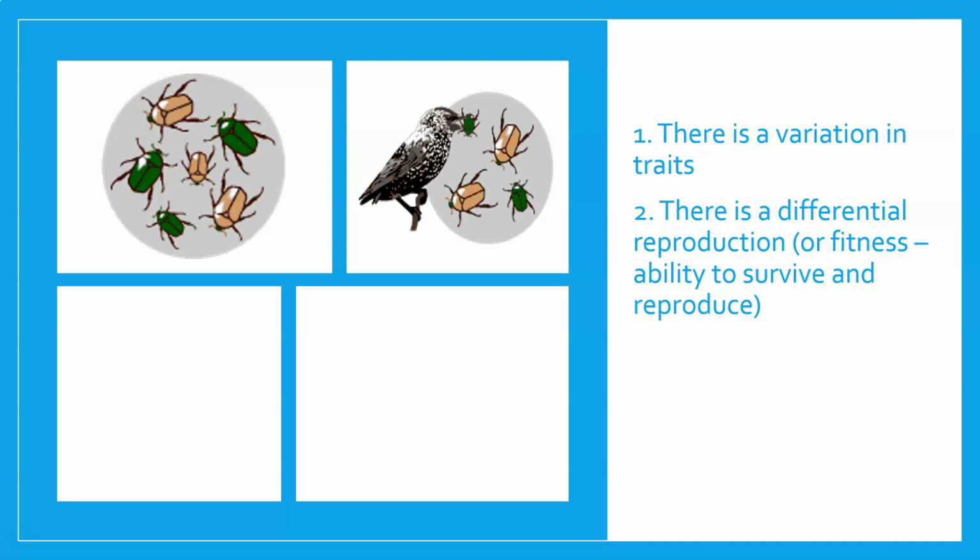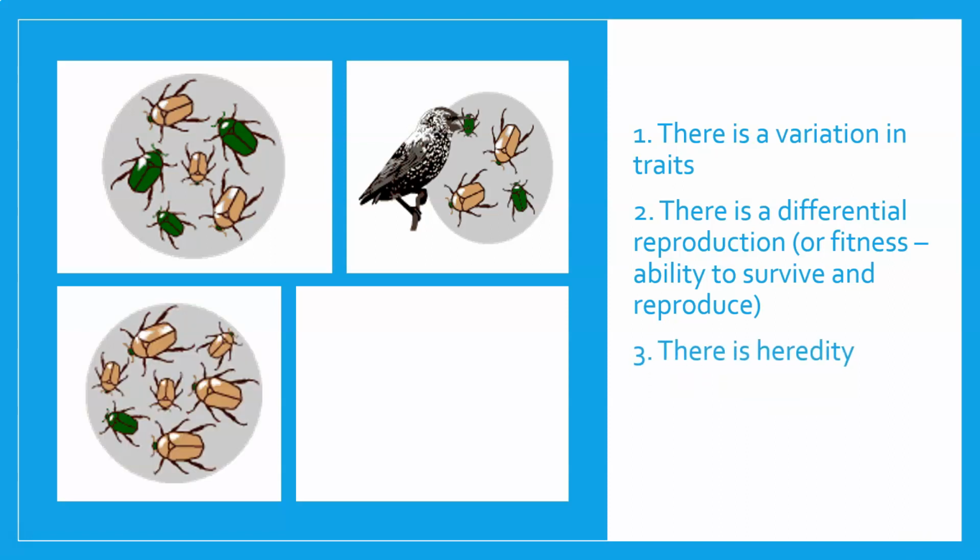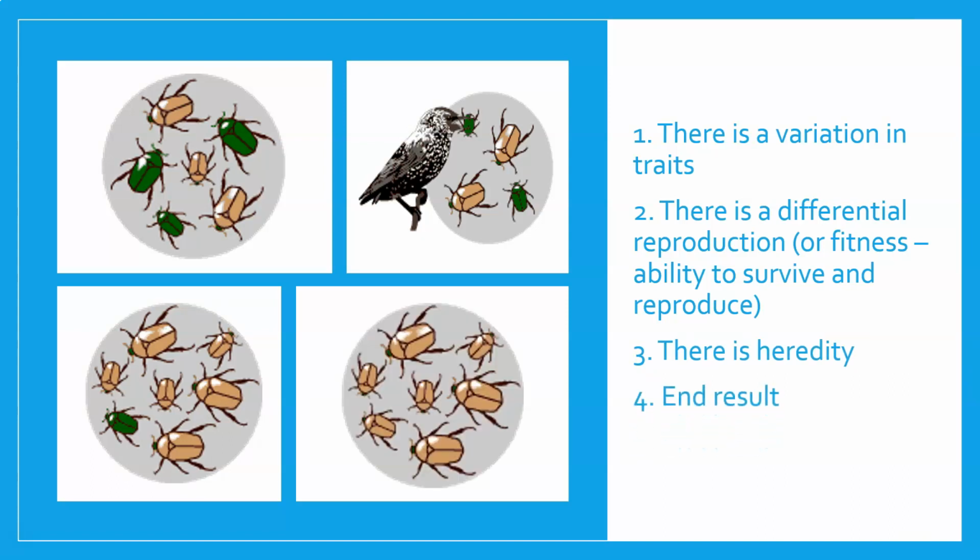So we've got that fitness for the environment, and more beige insects are going to reproduce. So we have more beige insects here. And then our end result after time, because that green insect in number 3 will get eaten again, is a population of beige insects.